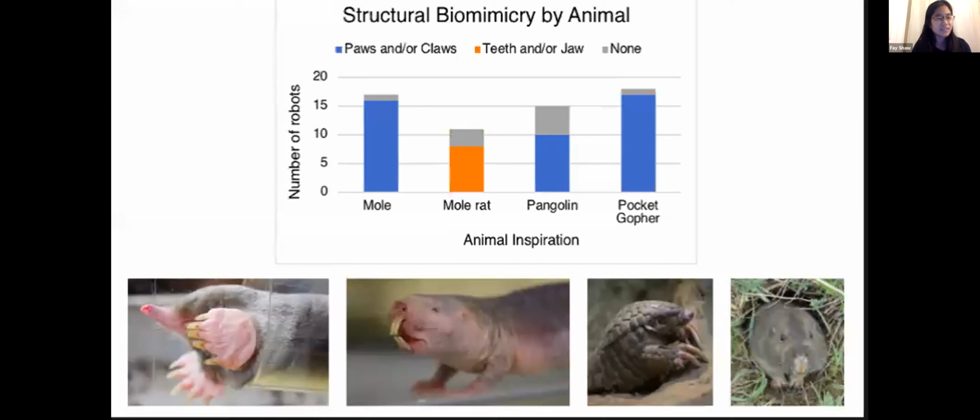We also saw, this is the part we're most excited about, that most of the animals do express some biomimicry, that these paws and claws, and then the mole rat is the only one that has teeth. But we really think that the students got it because we see these features of the animals, these structures show up in their robots.